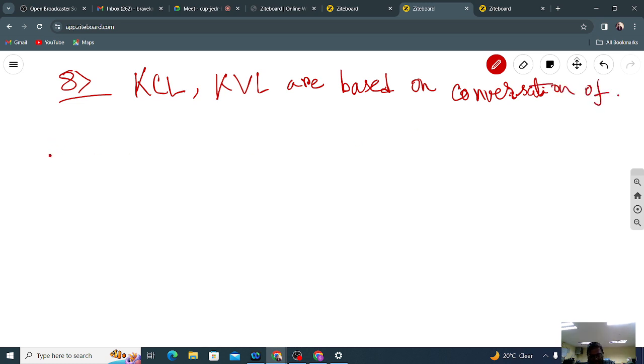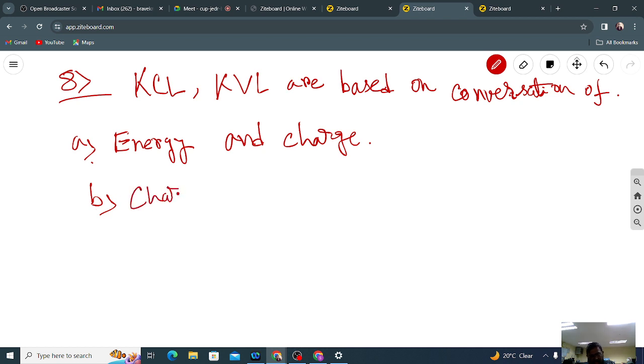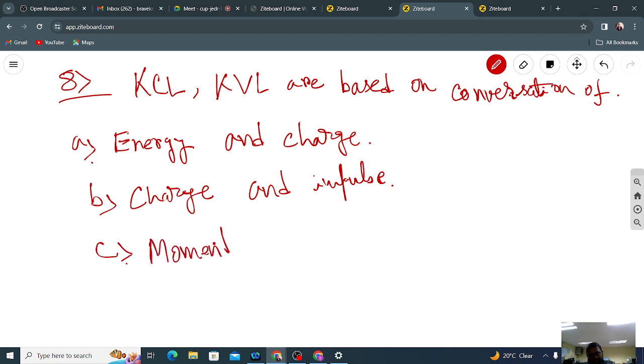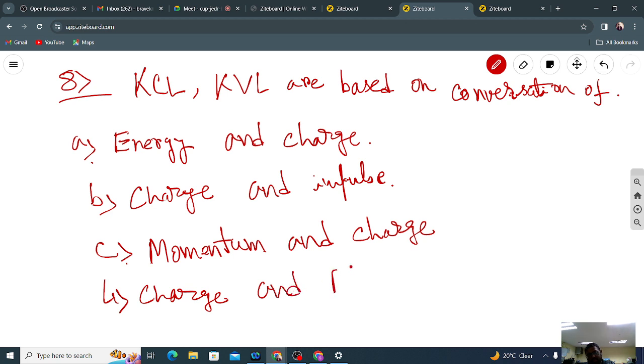The four options are: energy and charge; charge and impulse; momentum and charge; charge and electric field.